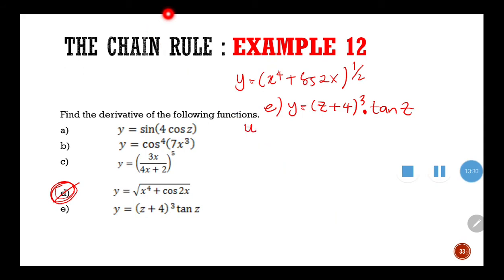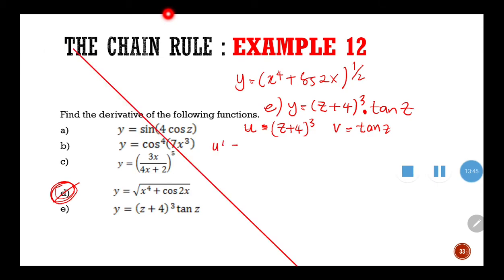So the product rule as usual kita guna u. So u is equals to (z plus 4) power of 3 and I let my v equals to tangent z. So this one u prime, differentiate u respect to z lah now. Okay, u prime or du dz is equals to, first we bring down 3 and then the power (z plus 4) power of 2.